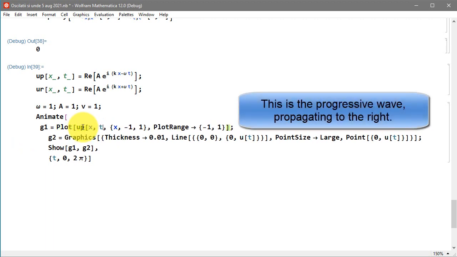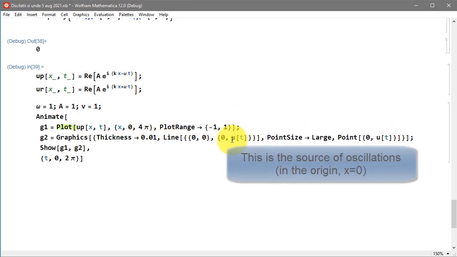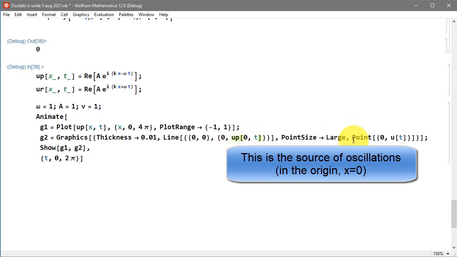This is a progressive wave propagating to the right. This is a source of oscillation in the origin x equals 0.